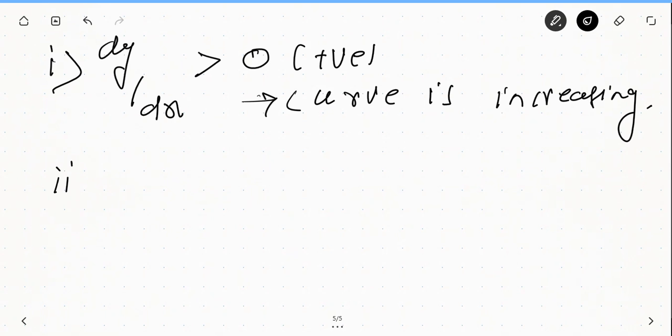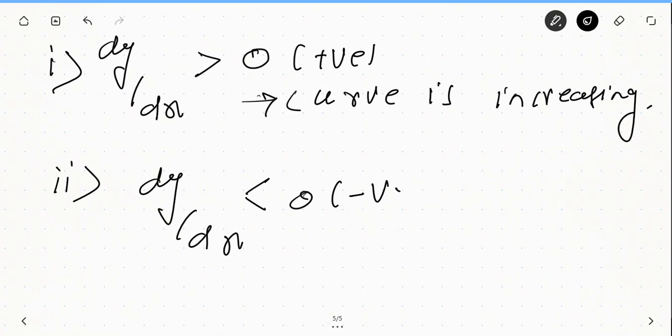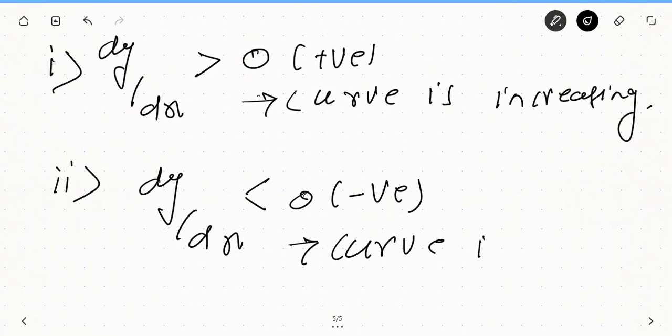Now the second point: if dy by dx comes to be less than 0, or it is in negative form, then we will say that the curve is a decreasing function. Okay, now how these increasing and decreasing curves look, I will show you by drawing the pictorial representation.